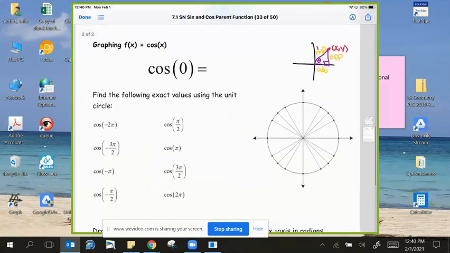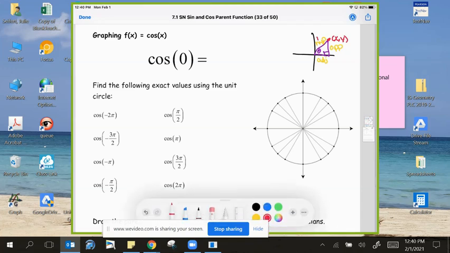So let's think about numbering this graph again. We're doing this in radians this time. We know 0 is on the right. What's on the left? 0 radians is on the right. What's on the left over here? Pi.